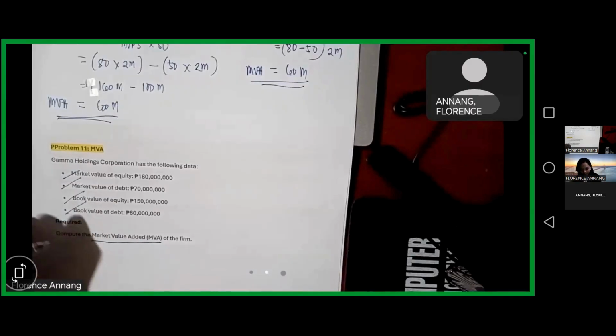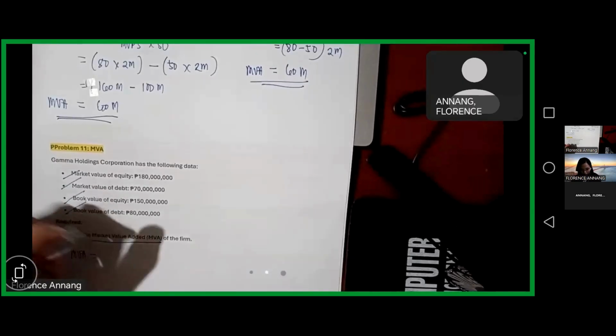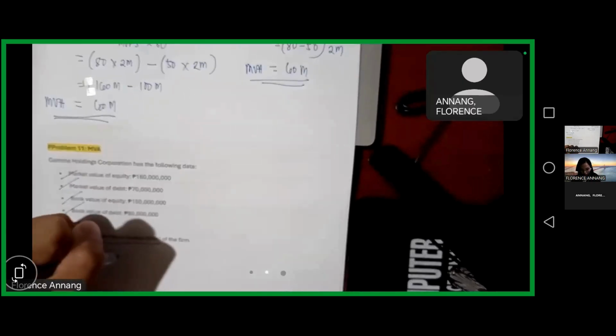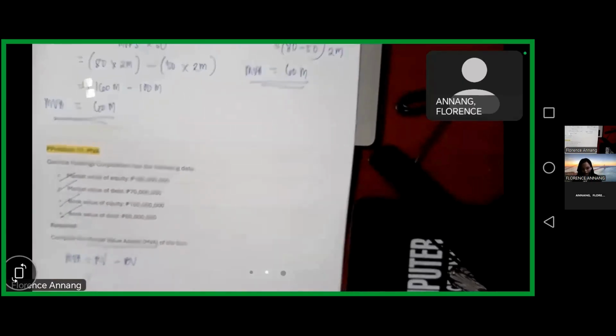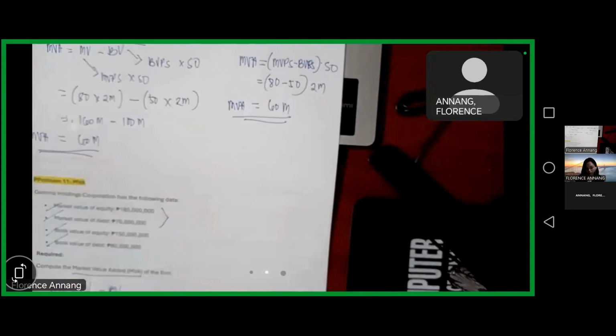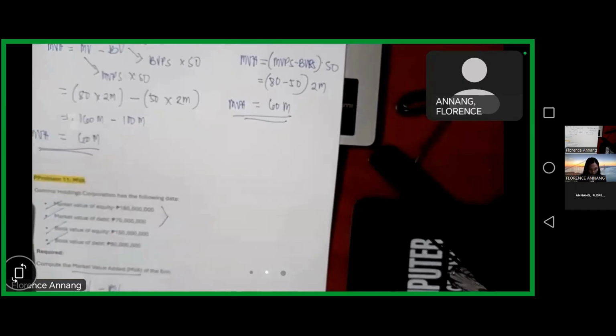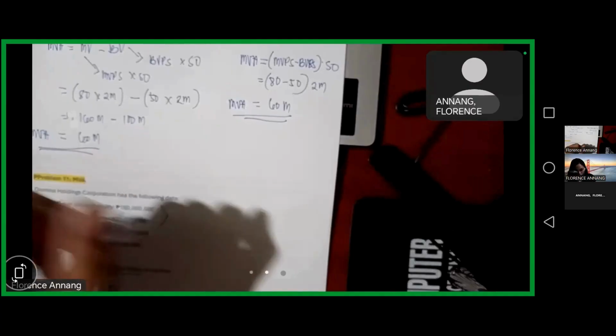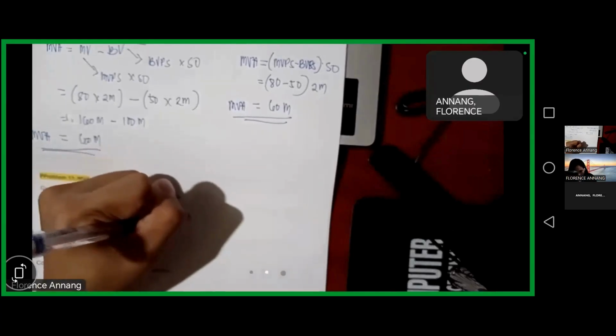So, magkano? MVA is equal to market value less book value. Magkano ang ating market value? That's just your market value of equity and market value of your debt. That is 180 plus 70. You have 250 million.